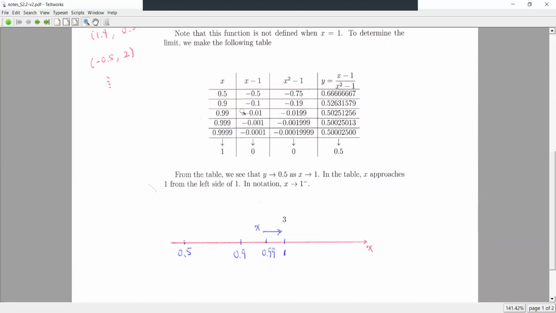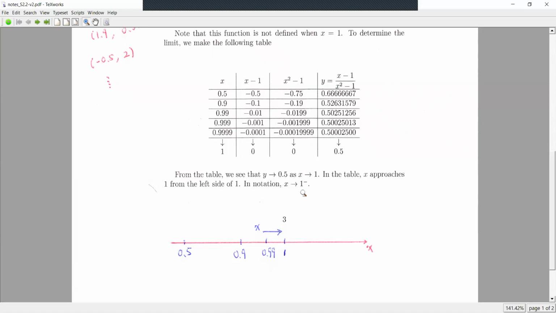So in this table, I let x approach 1 from the left side. In notation, x approaches 1 from the left. To mean from the left, according to the book, we put a minus sign behind 1. 1 minus means x approaches 1 from the left side.